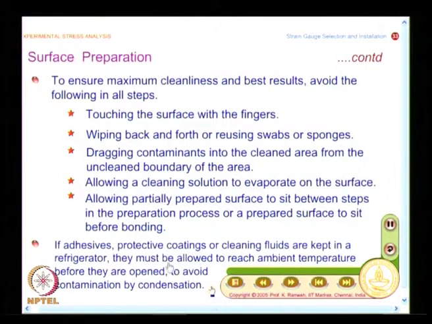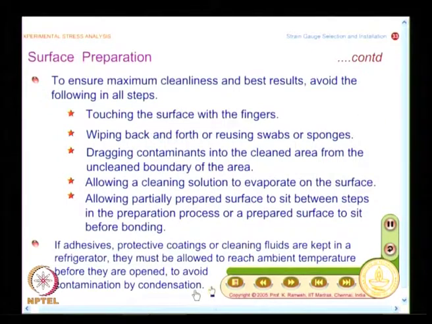When you take these fluids from the refrigerator, you should not use them directly, you should not open the lid immediately. They must be allowed to reach ambient temperature first, and only then you should open the lid, and this is necessary to avoid contamination by condensation.